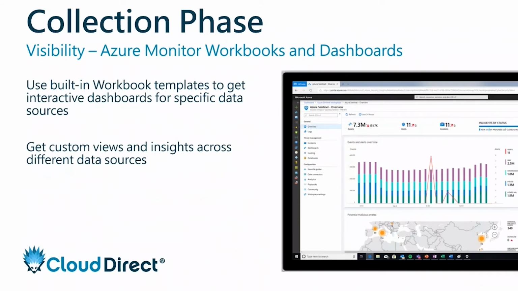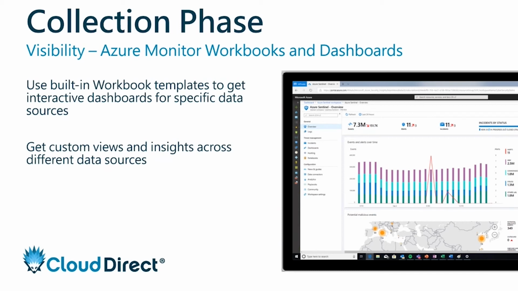Okay, so again, a bit more information on the collection phase. Each connector has a number of built-in alert rules that you can use as a starting point. They may be all you need to use for your incident detection, or you can use them as a starting point and then author your own if you need to.